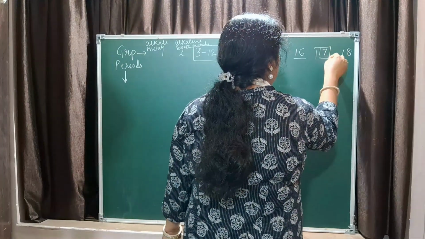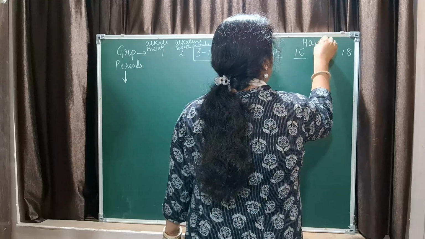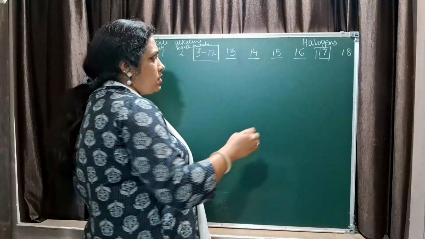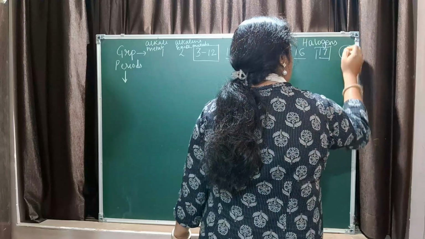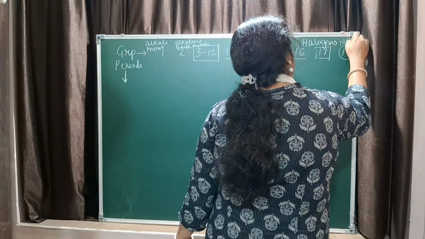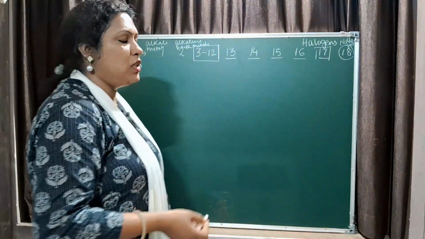Specific name is given to this, called halogens. You remember the NOHH, last H, that is halogens, and this is a very calm child, that is noble gas, does not react. So valency is 0 for it.